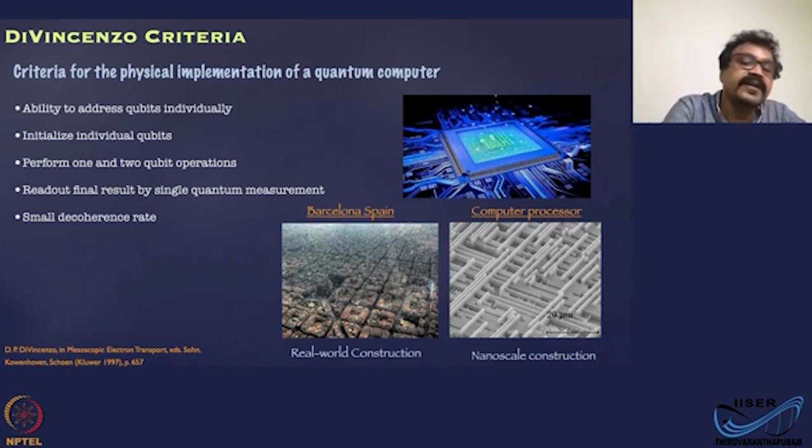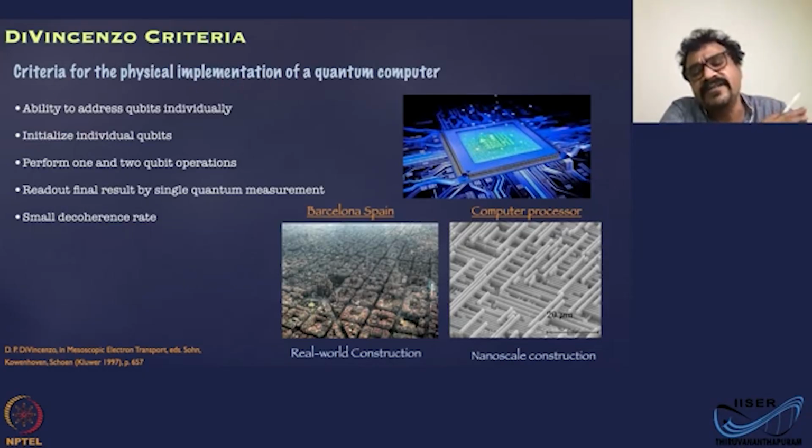These criteria were put forth by DiVincenzo, and are called the DiVincenzo criteria. These are criteria for the physical implementation of a quantum computer. Whatever the qubit is, how you make a quantum computer out of that qubit.